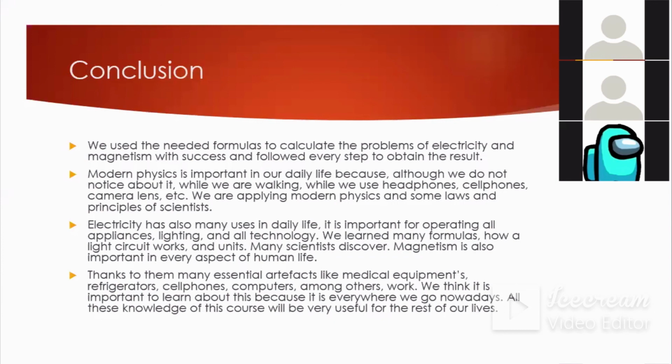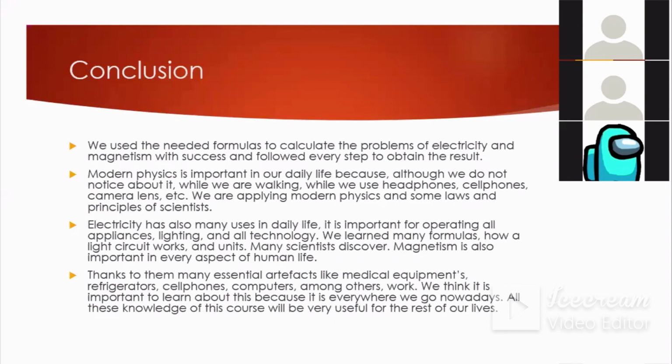Electricity also has many uses in daily life. It is important for operating all appliances, lighting, and all technology. We learned many formulas, how a light circuit works, and units. Magnetism is also important in every aspect of human life.